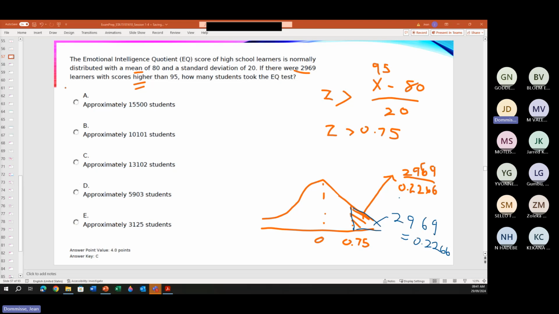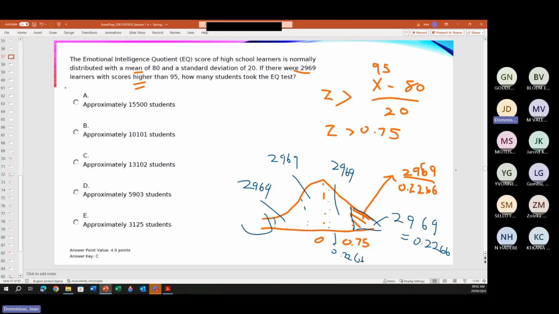So for that, I need to say, well, if this is 2969, if we take another 0.2266, there will be another 2969, and then there's another component, 2969, and then another small component.